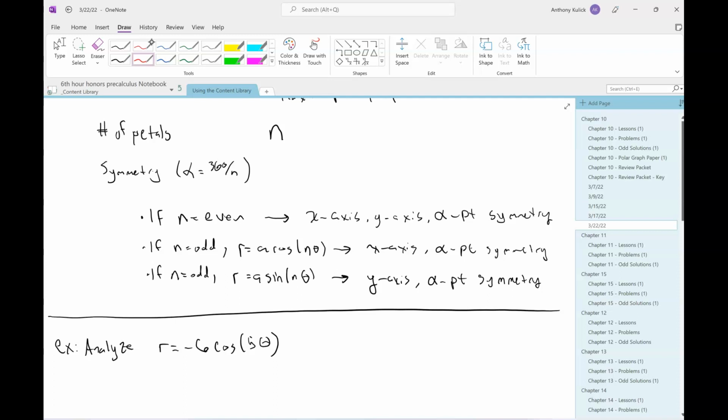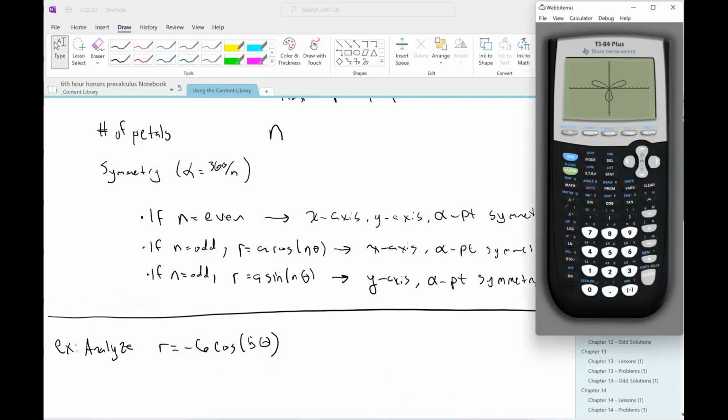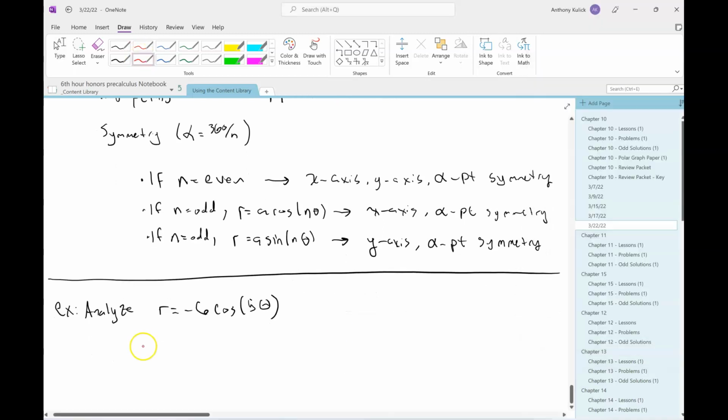So if we ask you to analyze r equals negative 6 cosine 5 theta, you might want to start by just looking at the picture. Oh, look at that pretty flower. So I know right away this is a rose curve from the form, where the a is negative 6 and the n is 5.